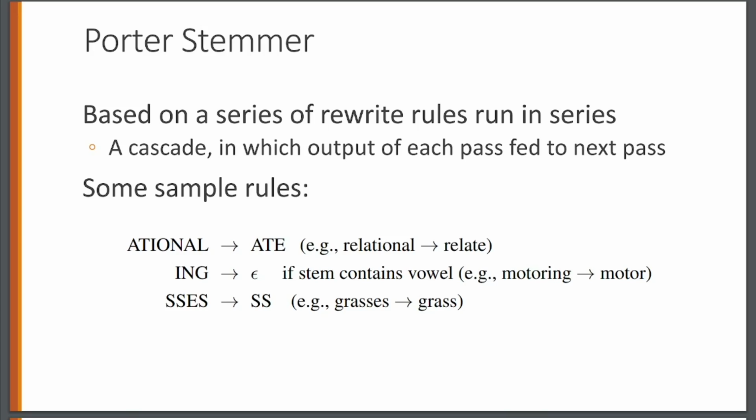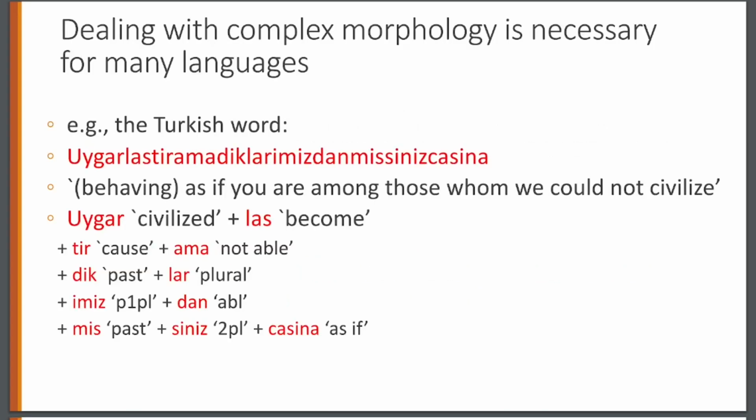And so this is applied iteratively in several passes, and these rules are not learned, rather they have to be defined by a linguist. They're language specific, and they're really period and intent specific too. So the Porter stemmer is one technique which allows us to iteratively apply these rules to find stems of words in a corpus.